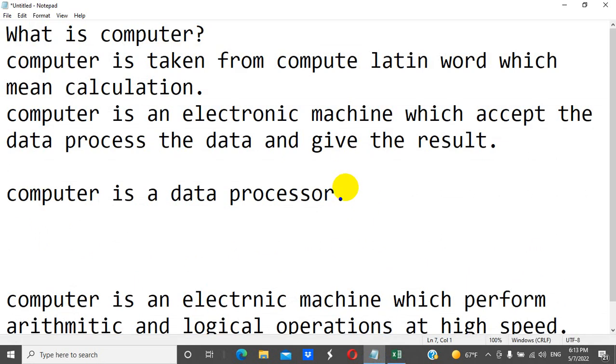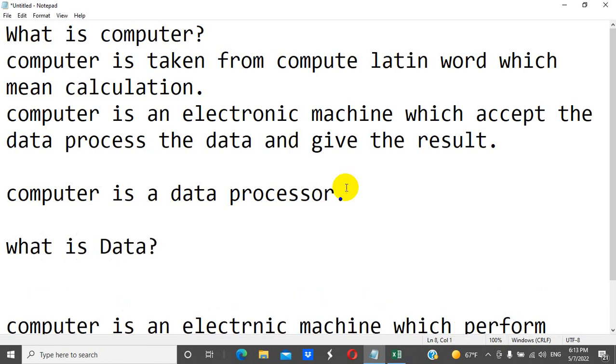Now we write, what is data? As we told, computer works with data, so here we can ask what is data. In simple words, not a formal definition, but a definition for your concept, you should get the concept of what data is.